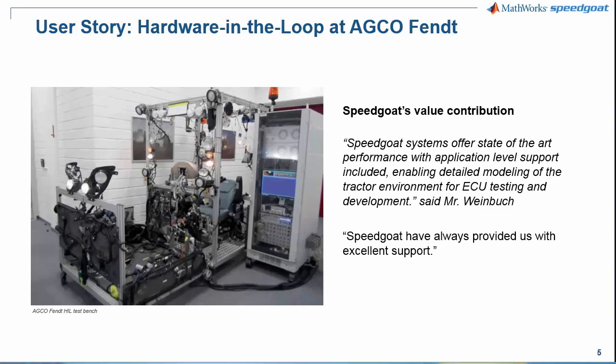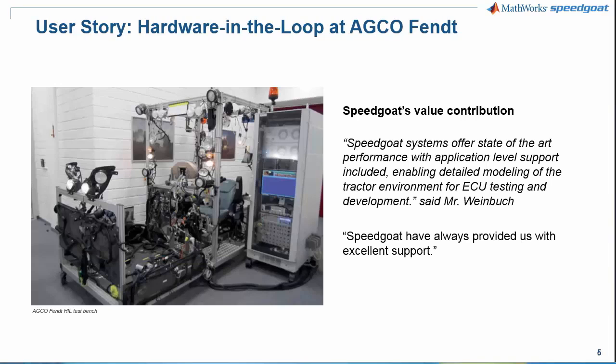When using AGCO Fendt's HIL test benches, the engine control unit, short ECU, is connected to a SpeedGoat real-time target machine running models of the tractor hardware, for example drivetrain, sensors and actuators. The real-time target machine provides all the I/O connectivity normally available on the vehicle, for example CAN bus, PWM and analog and digital signals. With hardware-in-the-loop, testing begins when the tractor is in the early stages of development.